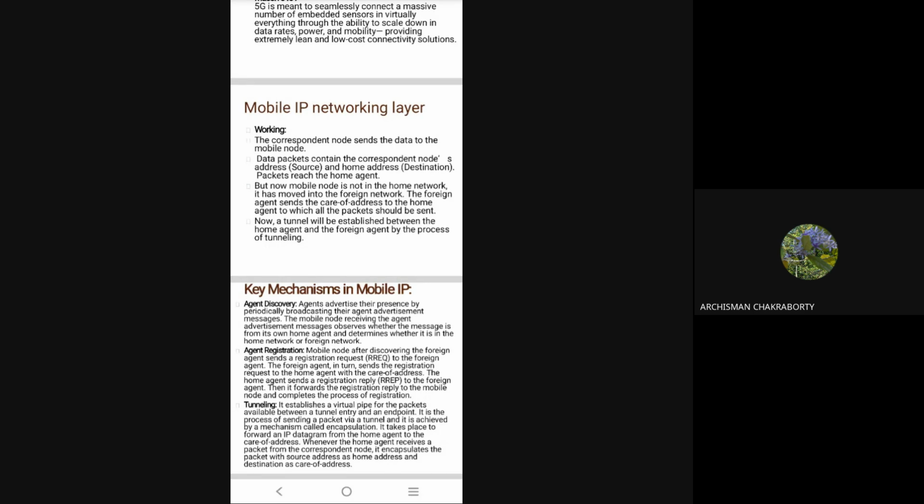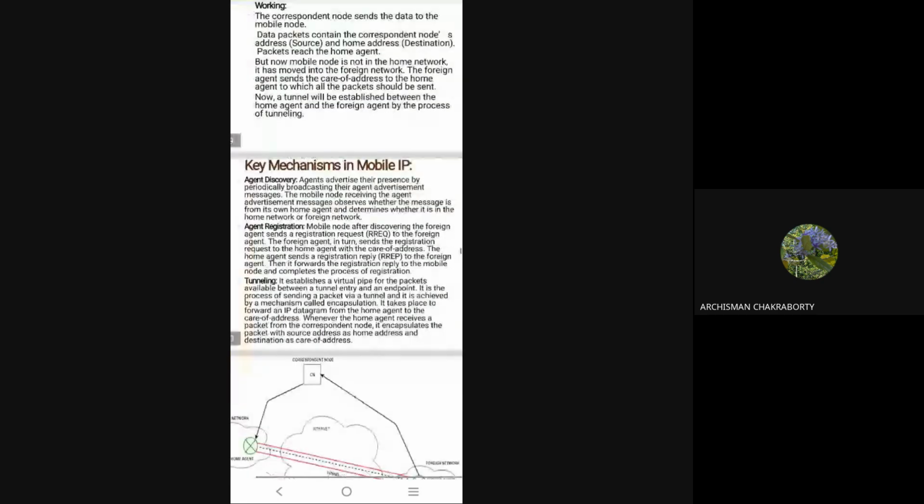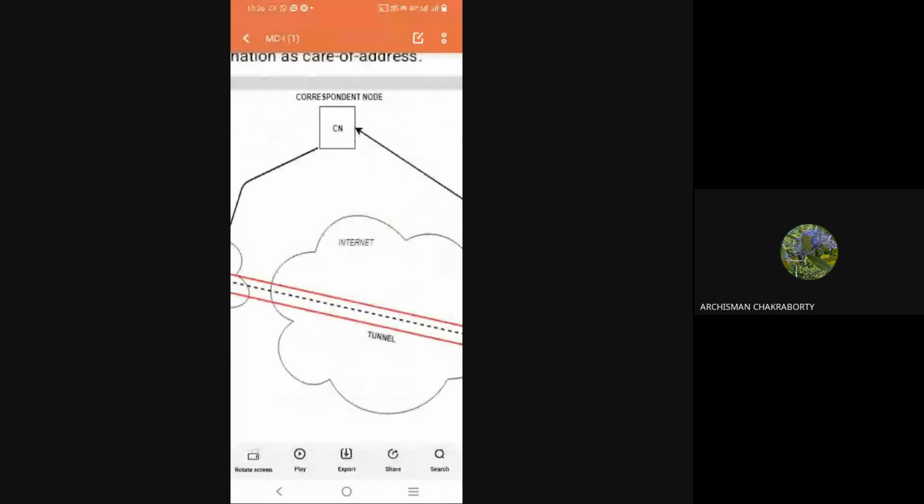Okay. You see the picture first. There is the corresponding node, which is written as CN.